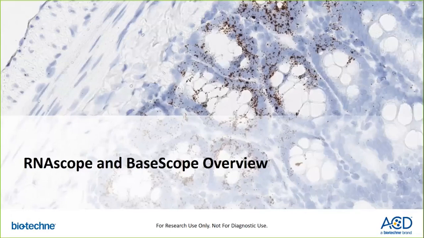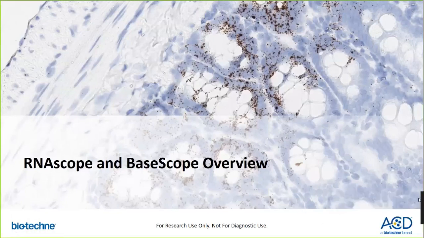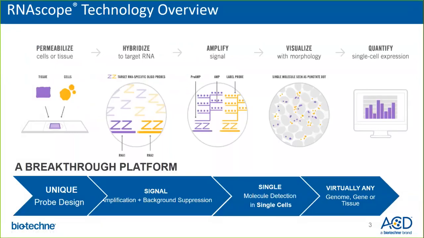So today I'm going to give you a quick introduction about RNAscope technology and an overview about what image analysis methods we use to perform the quantitative analysis in our images. Here is the outline of the introduction. To start, RNAscope works with a variety of tissue shown here in purple and yellow.